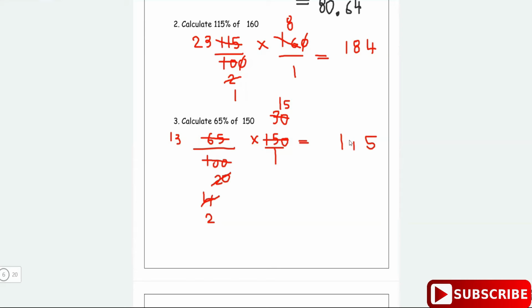So that's 195 divided by 2. And so 65% of 150 is 195 divided by 2, which is 97.5. That's how we find 65% of 150. Easy, easy, easy, soft.